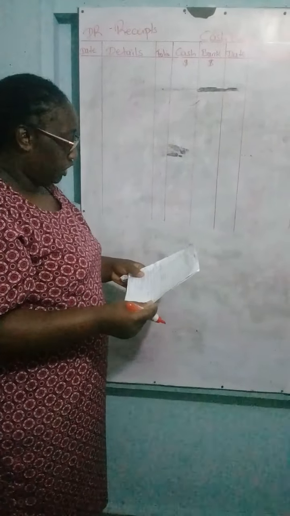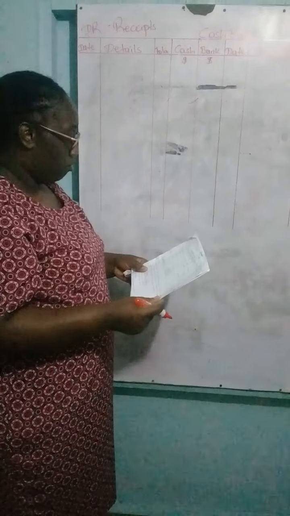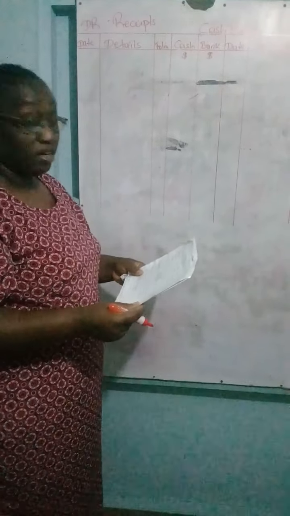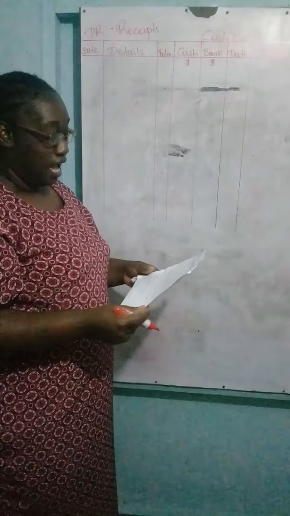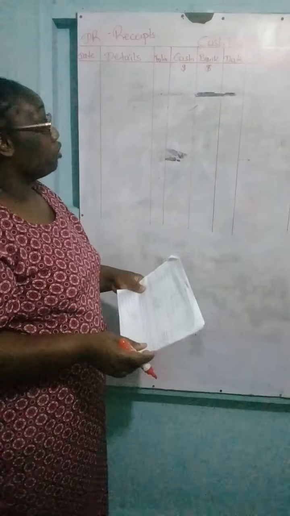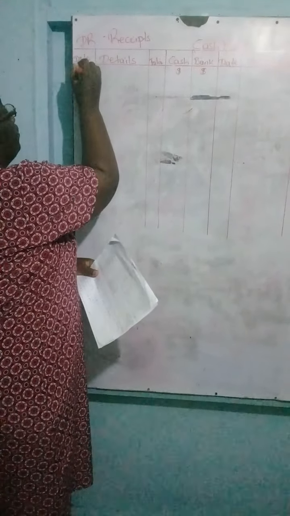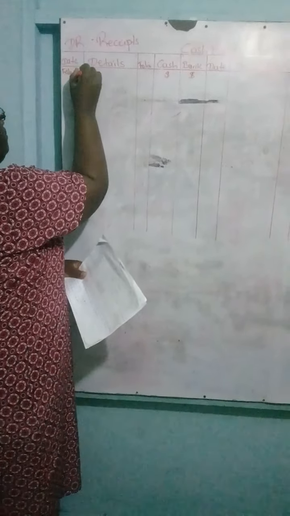So we have here on the 1st of February, we have opening balances for the bank, $2,400, and for the cash account, $1,350. So we're going to record that. So it's February and it's 2020.